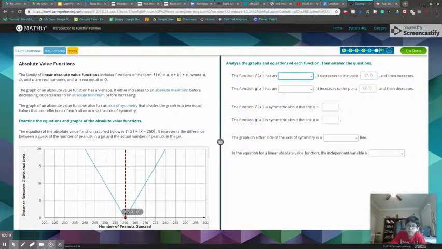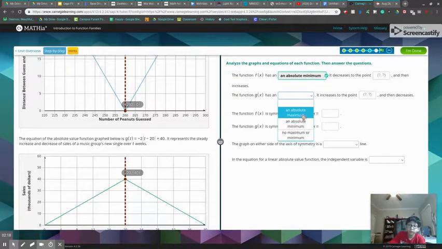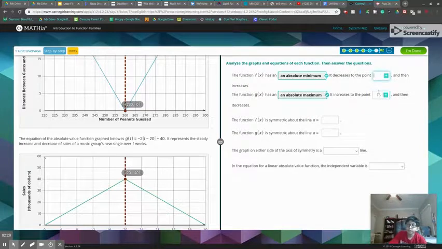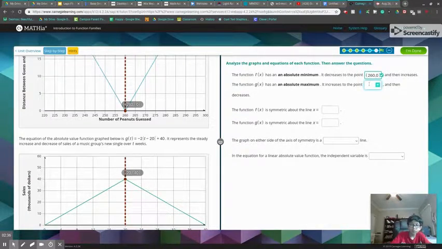The function f(x) has an absolute minimum, absolute maximum, 260, 0. It literally says 260, 0. Oh yeah, parentheses. (20, 40).